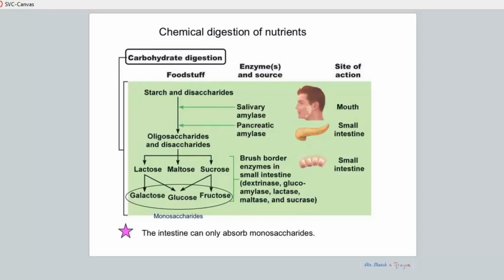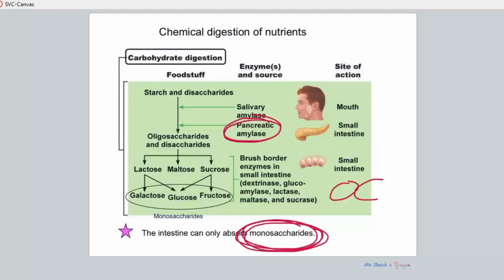But we're not done yet, because to absorb carbohydrates in the intestine, we have to break those all the way down to monosaccharides. And how are we going to do this? Okay, we have the small intestine where we have pancreatic amylase, but the final step, breaking these disaccharides down into individual monosaccharides, is also going to occur in the small intestine, but via brush border enzymes.